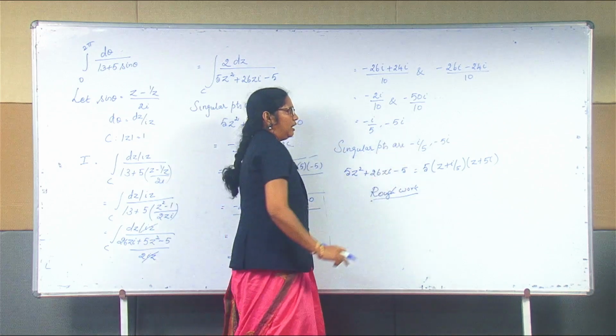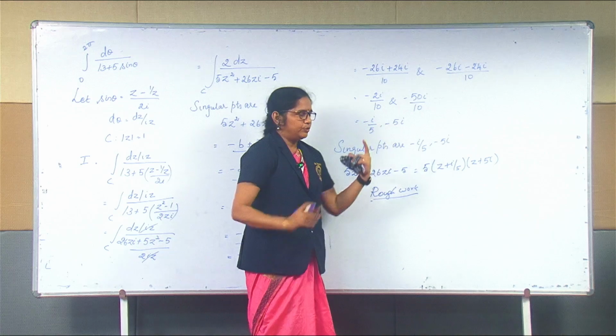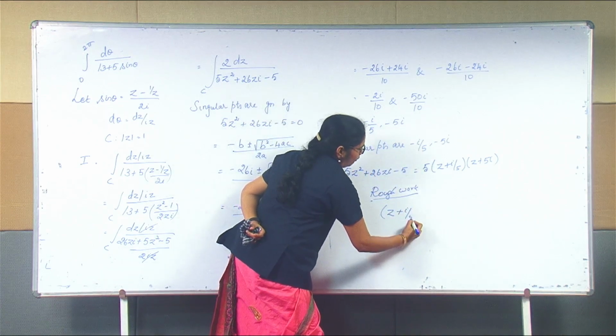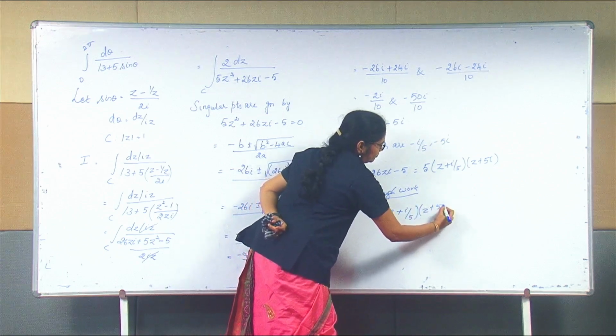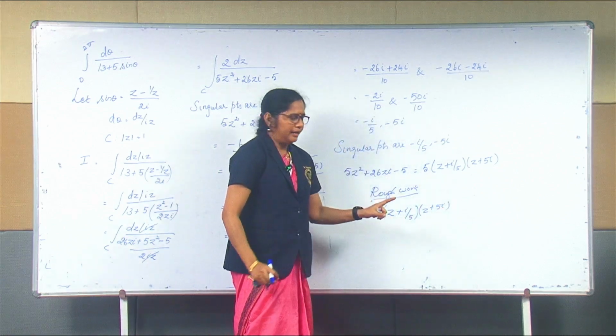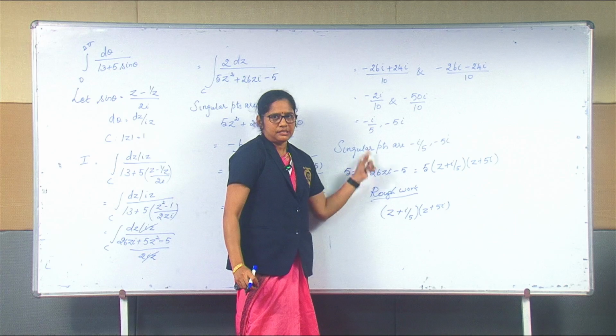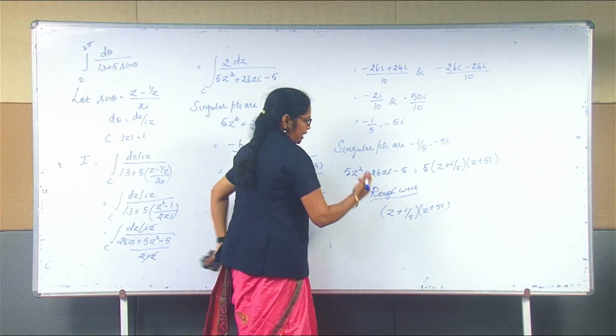See, actually these two are the roots. If I have to write it in factor form, I have to write only like this. What is the meaning? If I multiply these two, I should get this term because these two are the same. Shall we try?